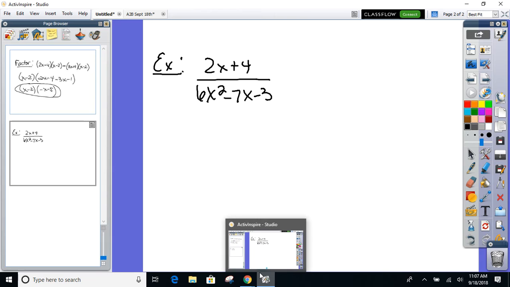Okay, find the value of x that makes that undefined, or values, I don't care. Value of x or values of x that make this undefined.